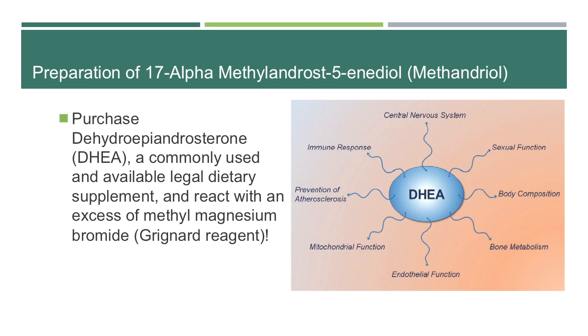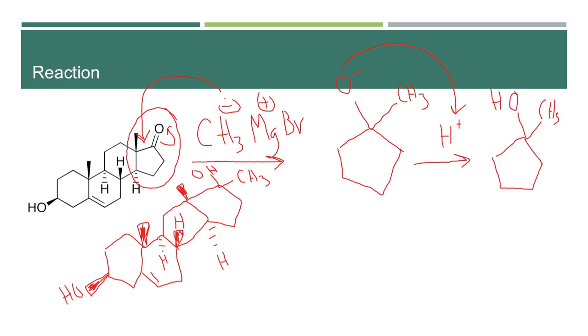The synthesis is actually a Grignard reaction, and all you need is DHEA, which is a legal dietary supplement, commonly available and distributed throughout this country as well as around the world. You react it with an excess of methylmagnesium bromide, and finally treat it with acid, and you are left with methandriol. We're going to go through the reaction real quick.